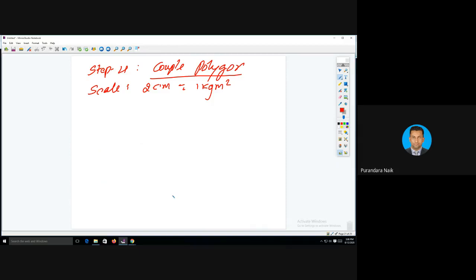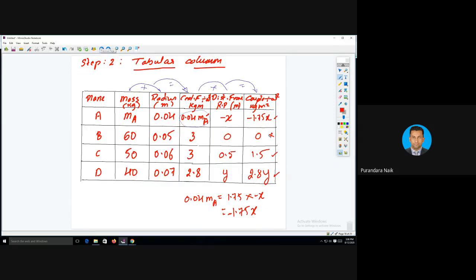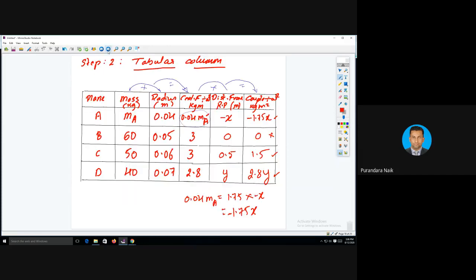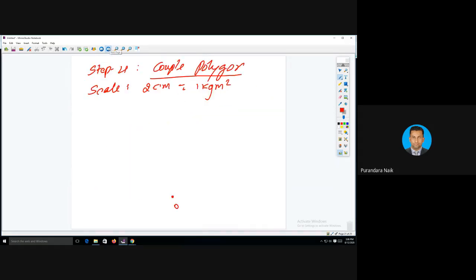Okay. O. 0. Next, if you see the table, first one, length is unknown, angle is known, but you cannot measure the length. Go to the next one. Next is 0. Third one, C, mass of C is inclined at an angle of 90 degree with a reference. Reference is 0 angle.